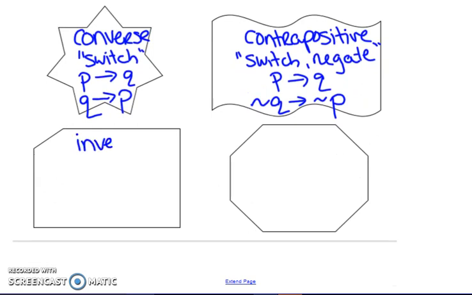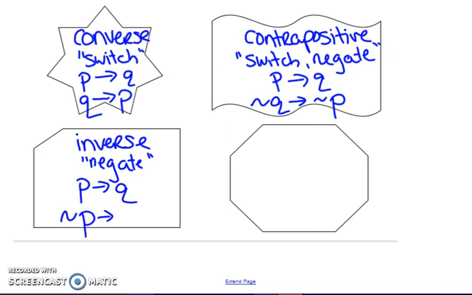If we talk about the inverse, we are just negating it. So if I start with P implies Q, now it's going to become not P implies not Q.